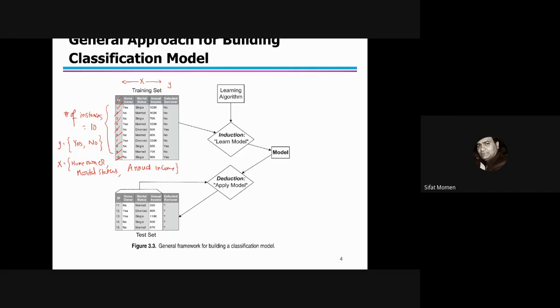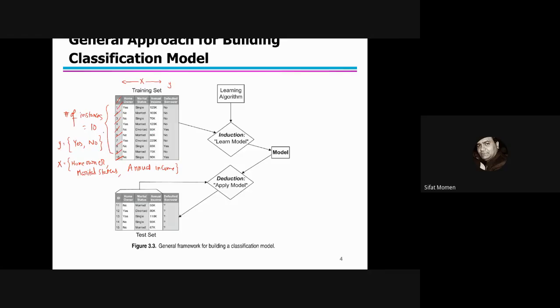Let's say homeowner: he's either a homeowner or not a homeowner. Marital status: single, married, or divorced. So it has some particular values. Of course, there are other features which could be continuous values, like annual income. So this is a continuous value, right? But that's a useful feature. Clear? Yes, sir. Okay, so far so good.